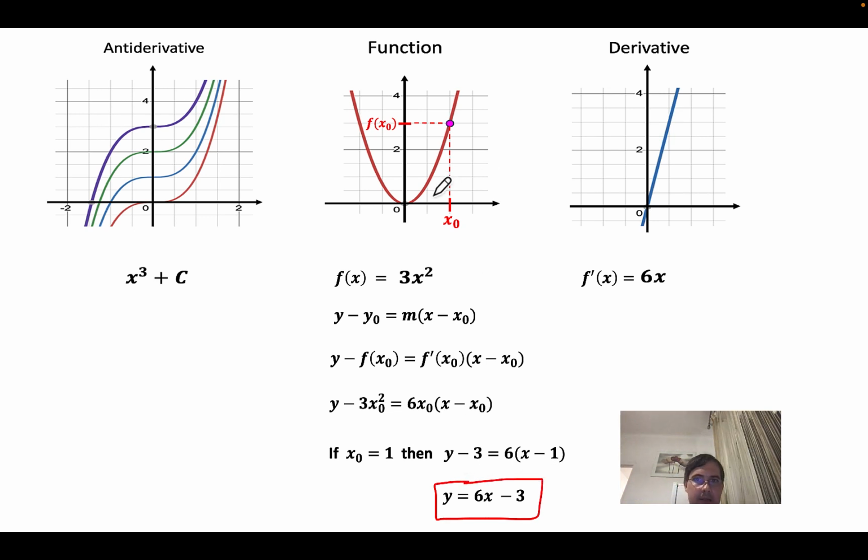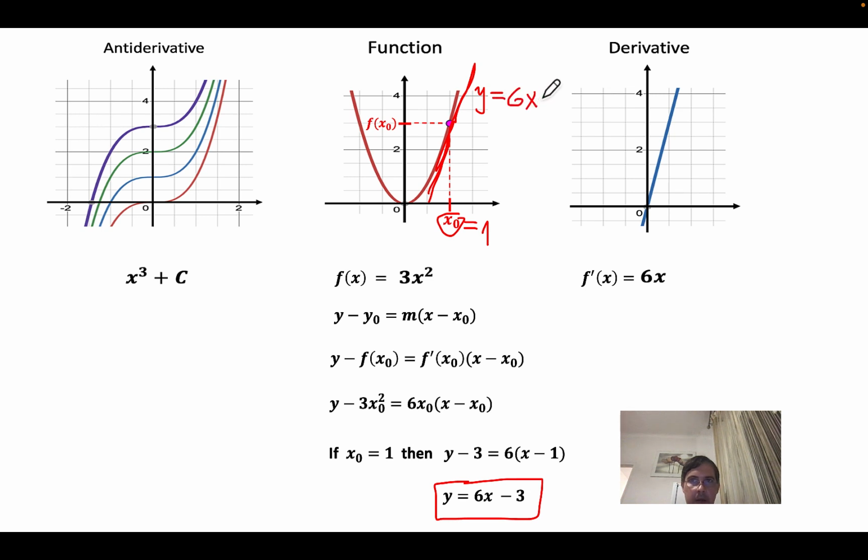This is exactly this straight line, which is the tangent. This is the tangent line to the graph of this function at this specific point when x0 is equal to 1. When x0 is equal to 1, this straight line is the line y equals 6x minus 3.